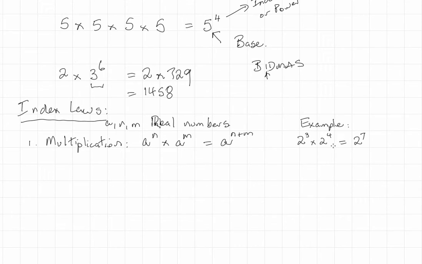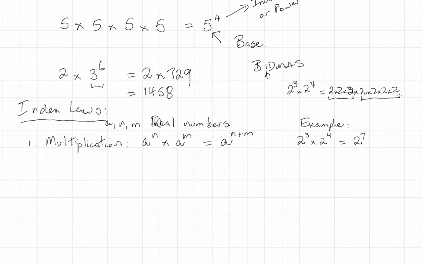And maybe I'll just explain this in a little bit more detail. If you've got 2 to the power of 3 times 2 to the power of 4, that's 2 times itself 3 times. Then we do the times 2 to the power of 4, 2 times 2 times 2 times 2. So there's my 2 to the power of 3, 2 times 2 times 2.